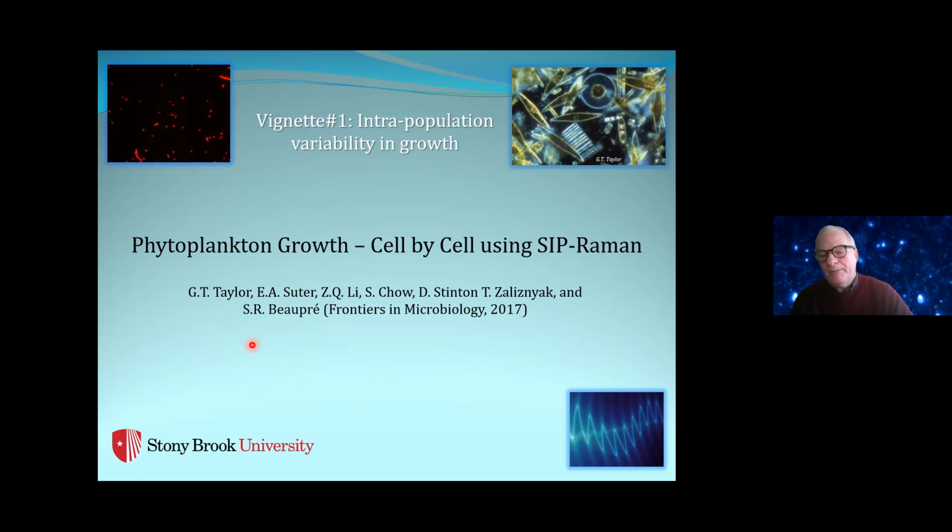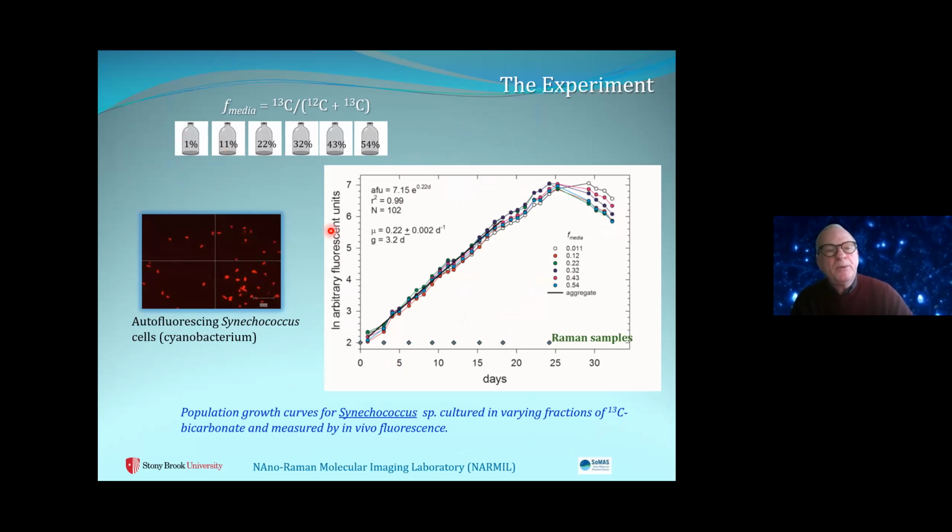The experimental design, which perhaps is review for you since you read the paper, is that we set up a set of parallel incubations where we grew Synechococcus at different levels of C13.